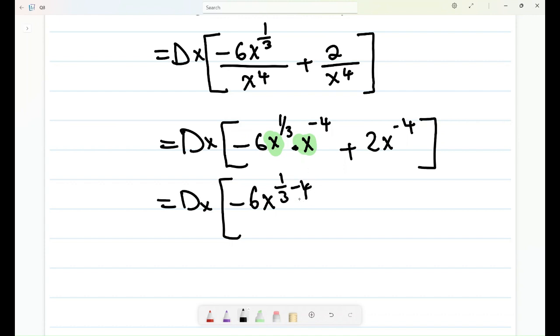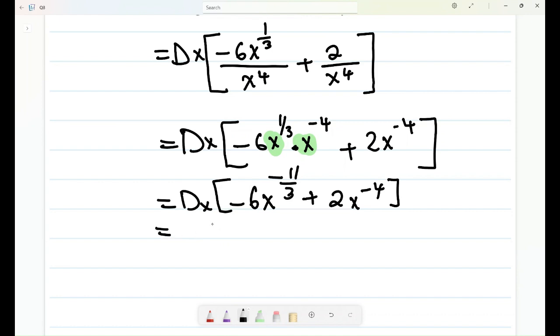And when you do this on your calculator, you get that your answer is, let's check, 1/3 minus 4, it is negative 11 divided by 3, plus, allow me to write this again as it is, plus 2 to the power of negative 4.